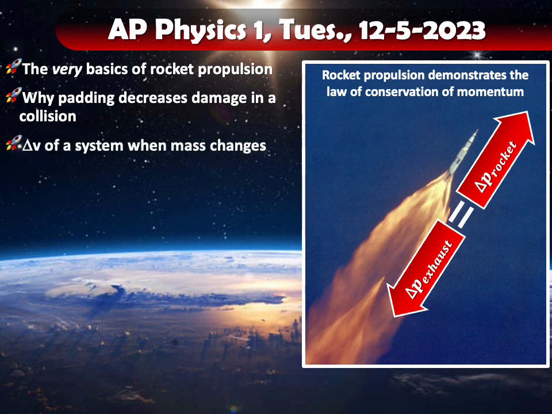And then we're going to look at the delta V, the change in velocity of a system when mass changes. Up to this point, we have talked about mass being constant. This isn't a complicated example, but it's an example of how you can have a circumstance where the mass changes.